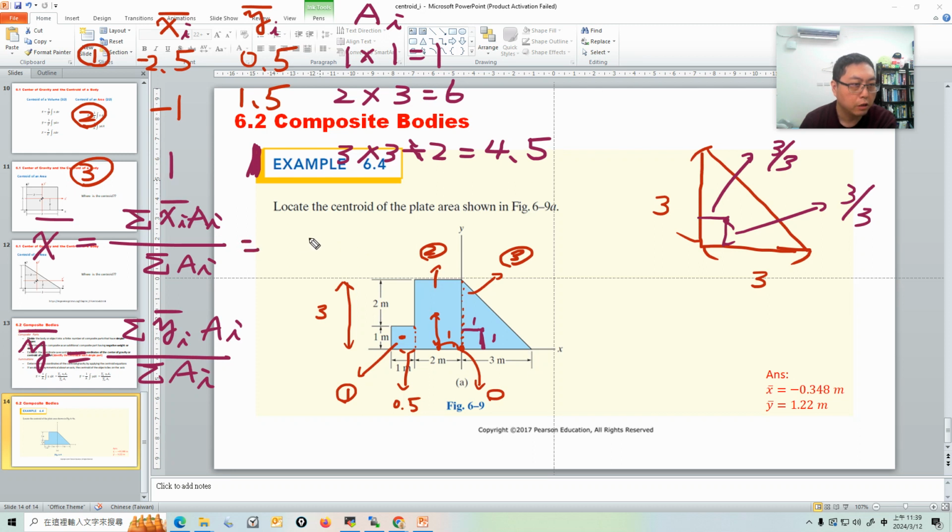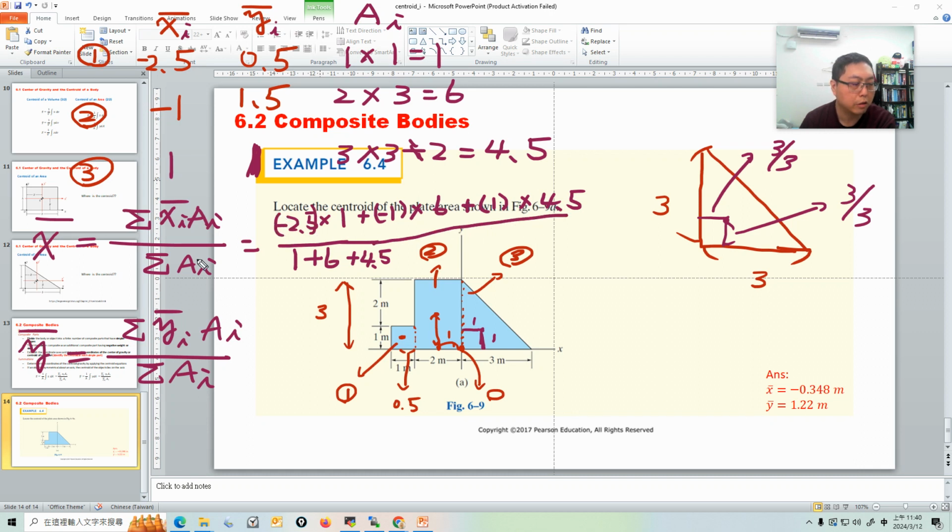It's very simple. The denominator is just the sum of the areas, 1 plus 6 plus 4.5. The numerator is minus 0.5 times 1, plus minus 1 times 6, plus 1 times 4.5.